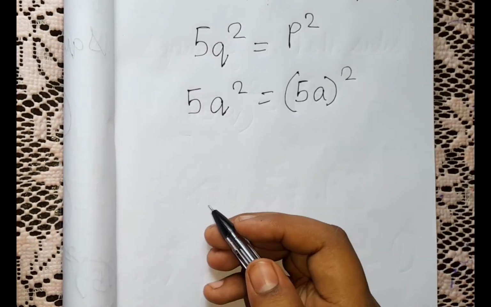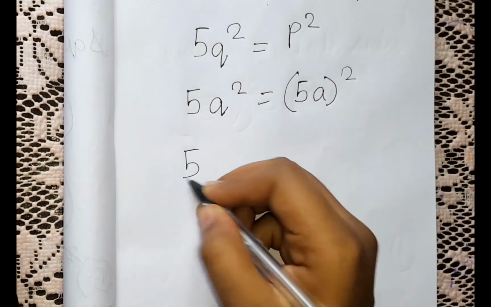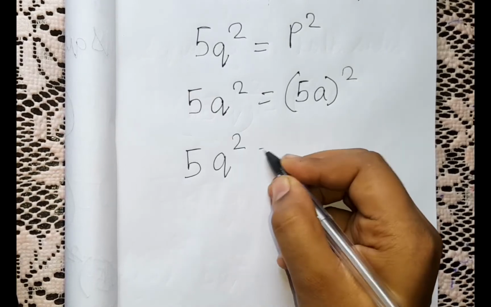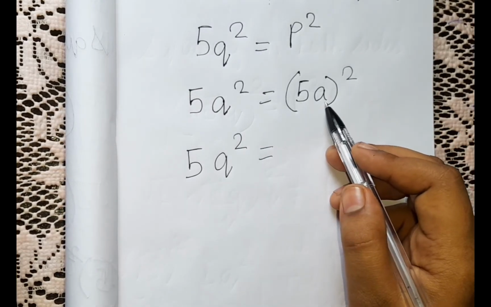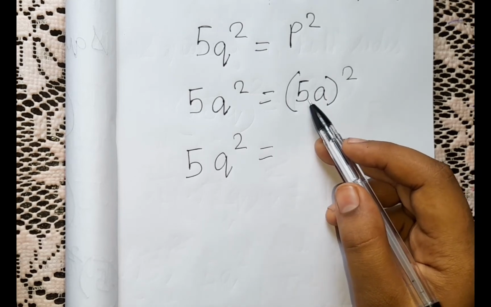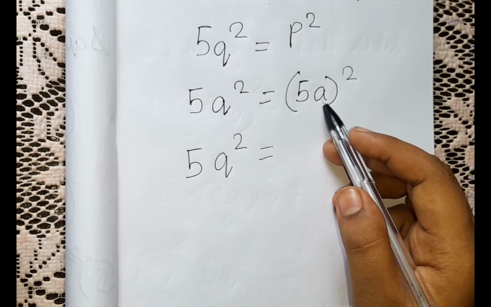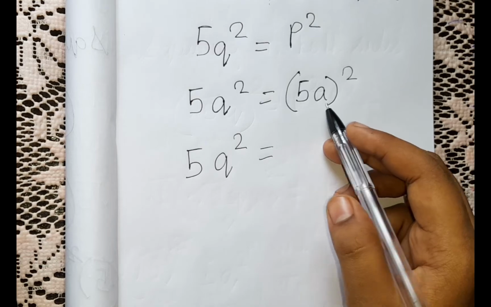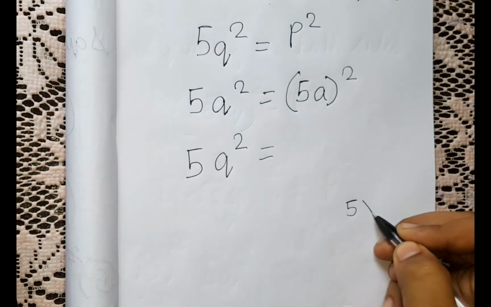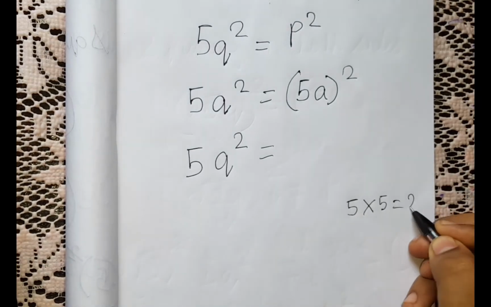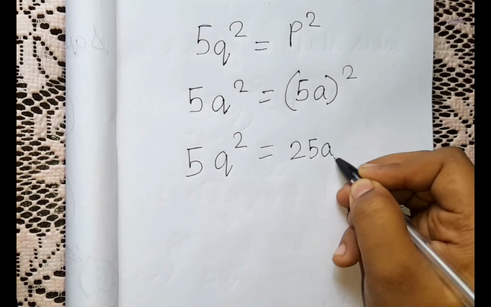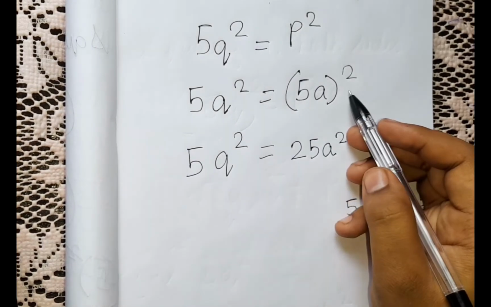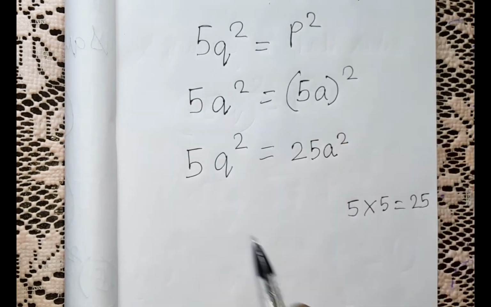So now 5q square is equal to, this 2 belongs to 5 as well as a. So it is 5 square as well as a square. 5 square means 5 into 5, which is 25. So I shall write 25a square, because this 2 belongs to a as well.